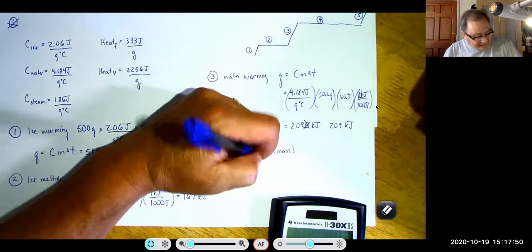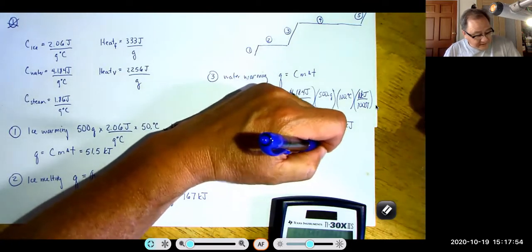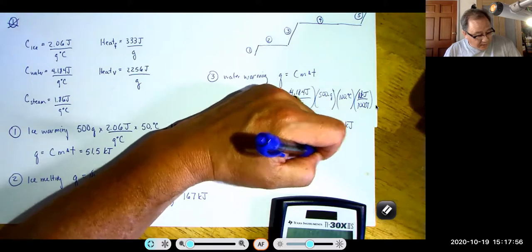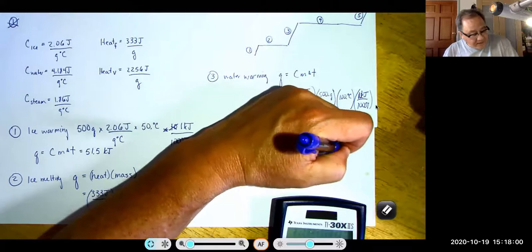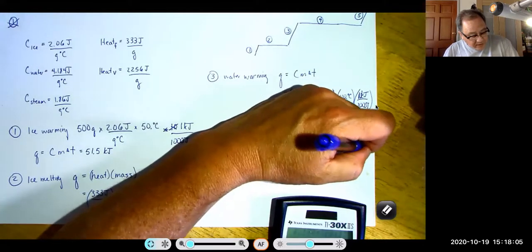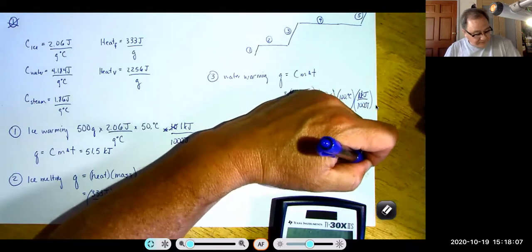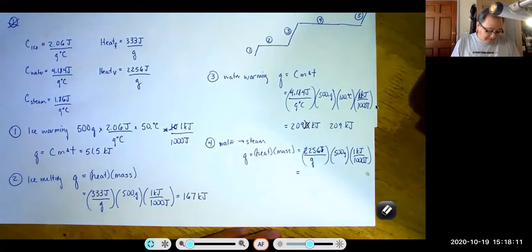In this case, it's 2,256 joules per gram times 500 grams times 1 kilojoule over 1,000 joules. So in this case, we get 225 times 500 divided by 1,000.